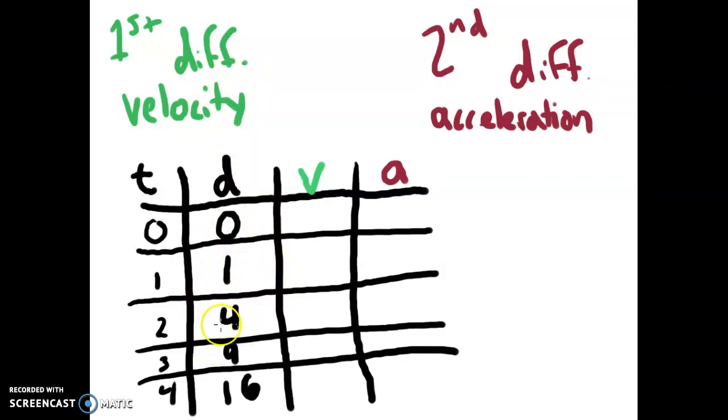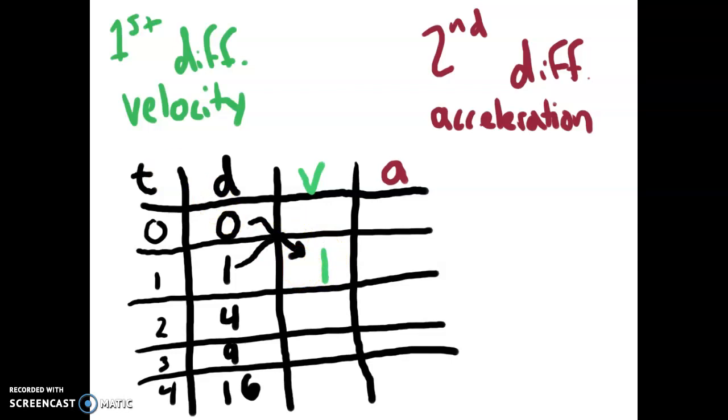If you wanted to figure out the velocity, without using any kind of equation, and you had this data table all nice and set up, what you could do is take the first difference. And the first difference is as easy as this. You take the first two distances and subtract them and put them into this column. So all I do is 1 minus 0, and that is 1.